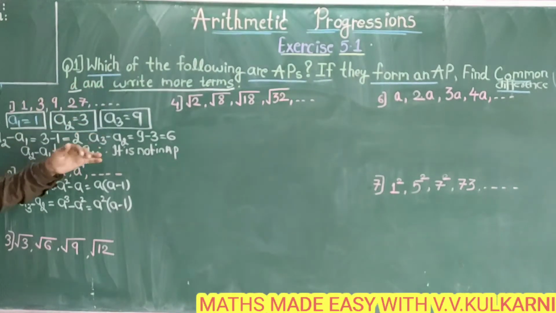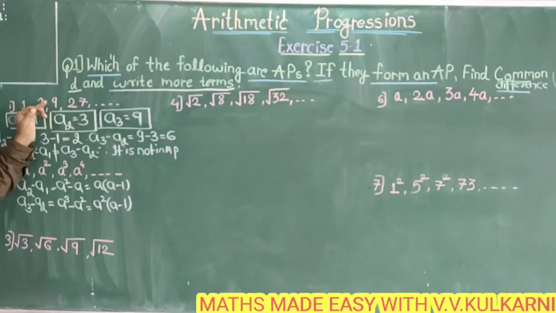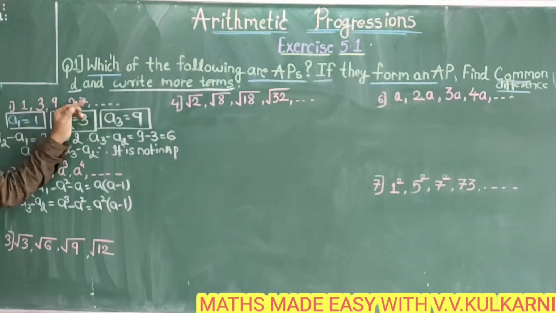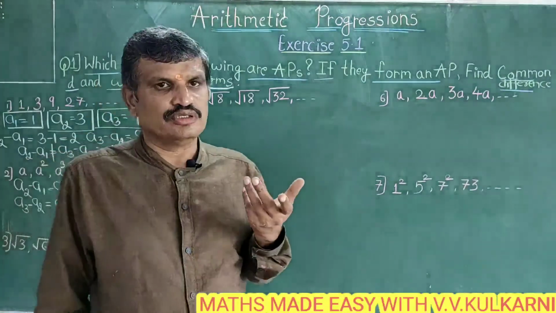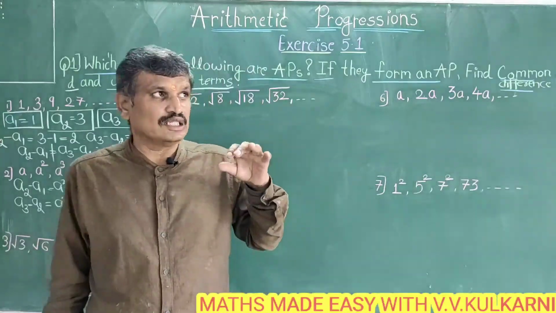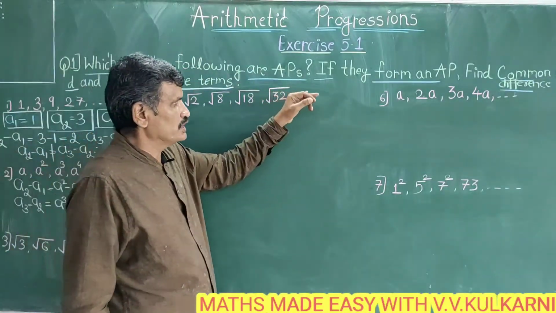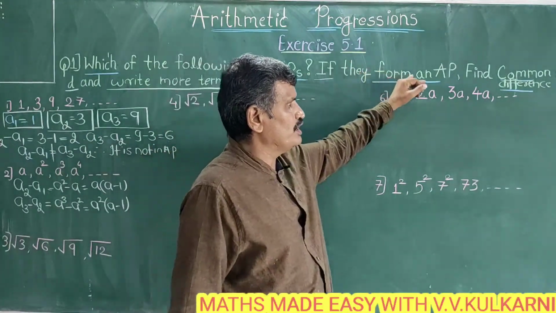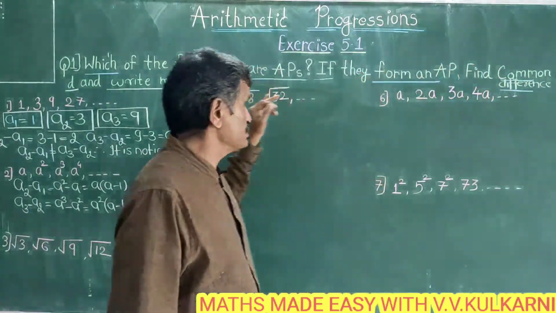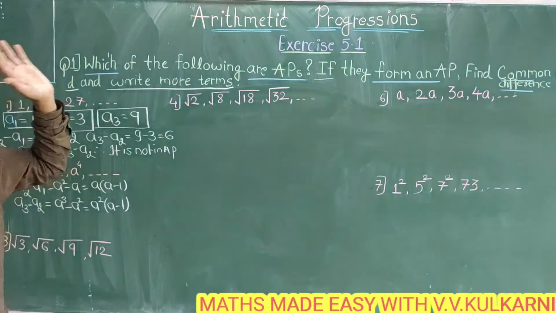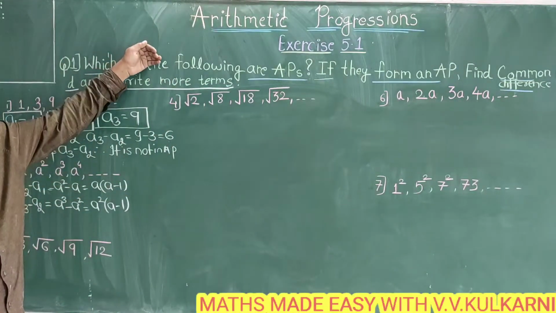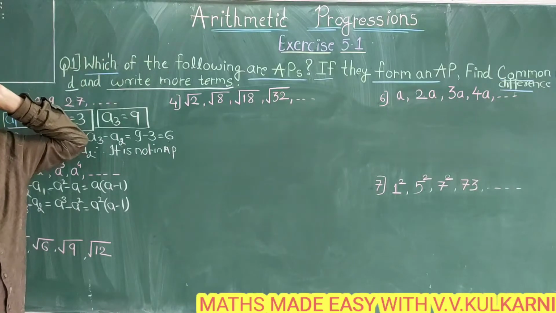You will very easily say, sir, 1 into 3, 3, 3 into 3, 9, 9 into 3, 27, 27 into 3, 81, 81 into 3, 243. You can tell the next term, but the question says, if they form an AP, find the common difference and then write the next term. That means if it is not in AP, even if you know it, you need not write.